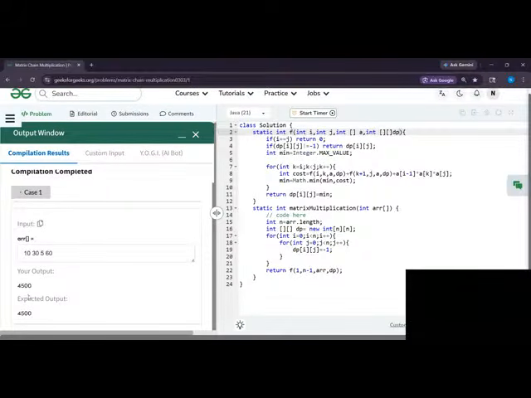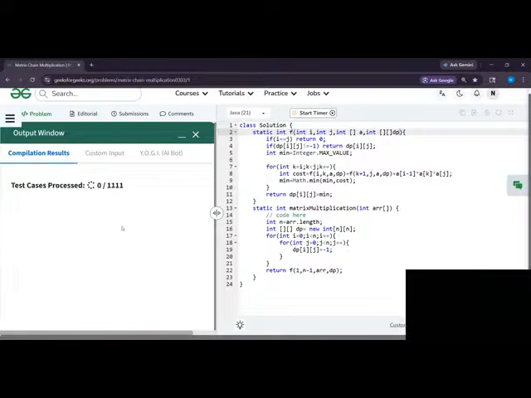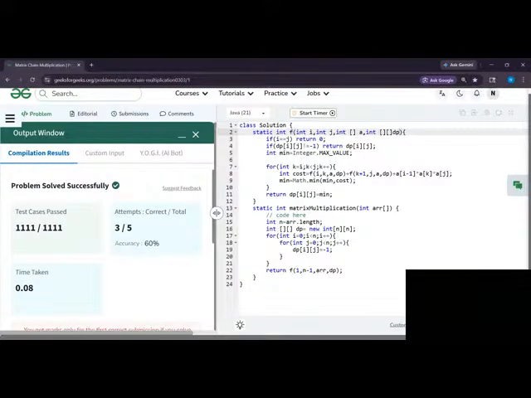If you see, our output and expected output are the same, so we'll try to submit the code. Our code is submitted now.